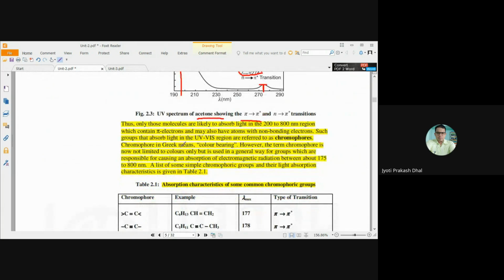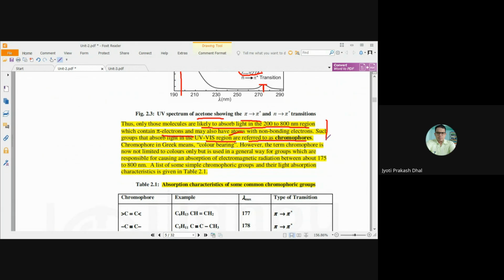Thus, only those molecules are likely to absorb light in the 200 to 800 nanometer region which contain pi electrons and may also have atoms with non-bonding electrons. Such groups that absorb light in the UV visible region are referred to as chromophores. Again, this is the definition of chromophore. Only those molecules are likely to absorb light within 200 to 800 nanometer, that means within the UV visible region.